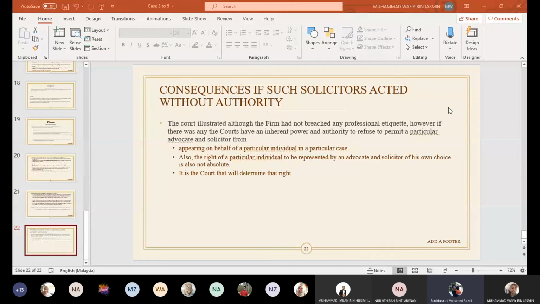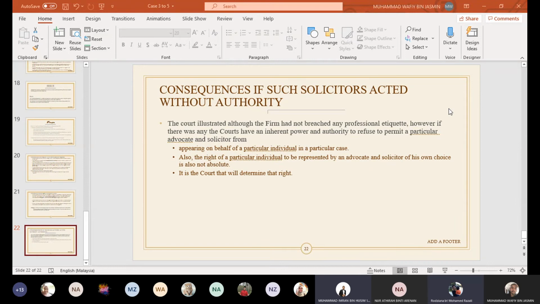Also, the second point, what does that mean? The right of a particular individual to be represented of his own choice is not absolute. Apa maksud di situ? It means that we know that a person can be represented by his own choice, by his own lawyer, but if there is any breach of contract, breach of professional etiquette, the court has the power to refuse or to ban the advocate and solicitor from representing the individual in the case.